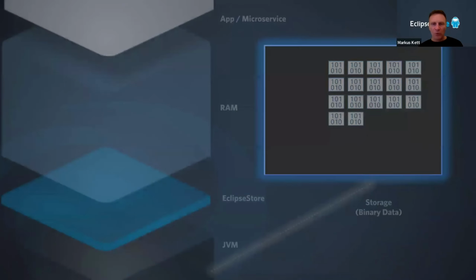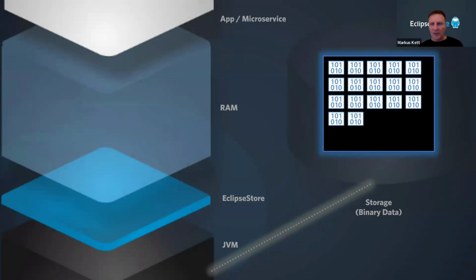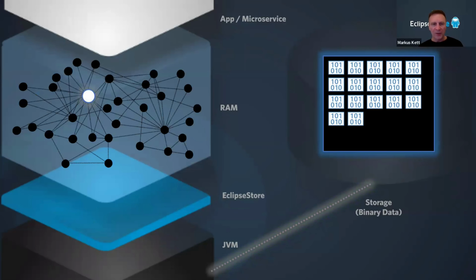What happens if you start an EclipseStore app? You start the EclipseStore app, your Java application or your microservice, then the root object will be generated, and then the engine will load the whole object graph. Now I have to be careful. It will load the whole object graph into the memory, but not the objects. Only the object IDs will be loaded into the memory.